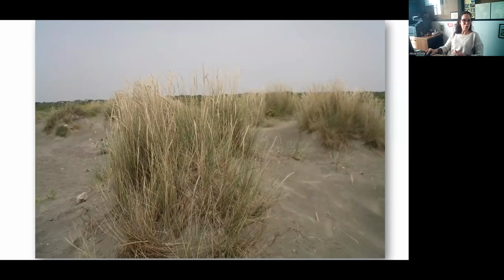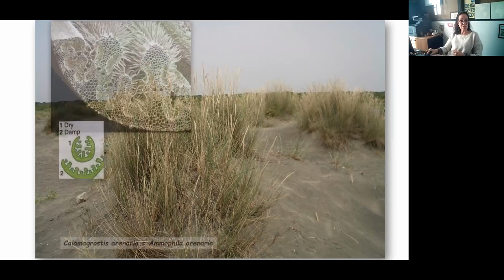I would like to show you at least one of these specialist species. I selected this one I mentioned before, and I realize it's not the most beautiful species, but in my opinion, it's one of the most interesting species, Ammophila arenaria. And I used to call it the queen of coastal ecosystems.